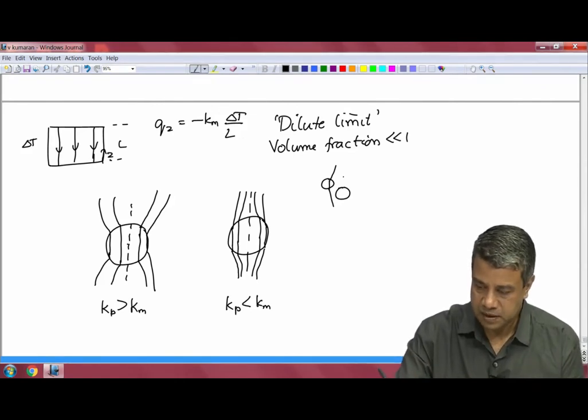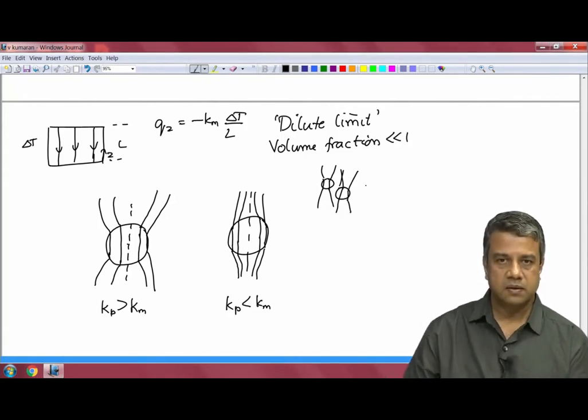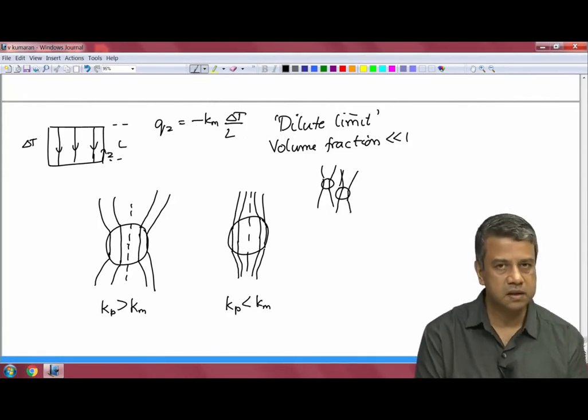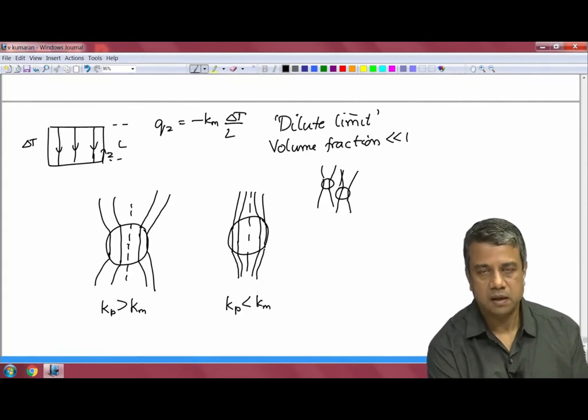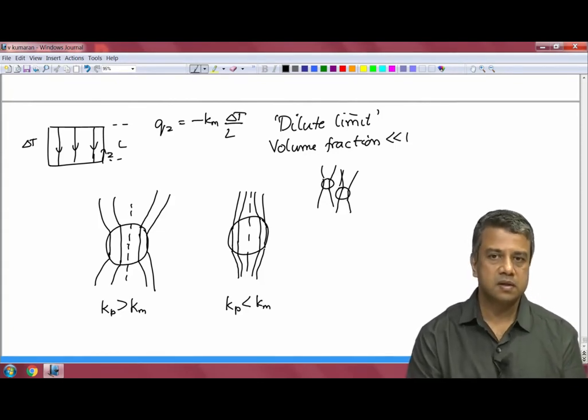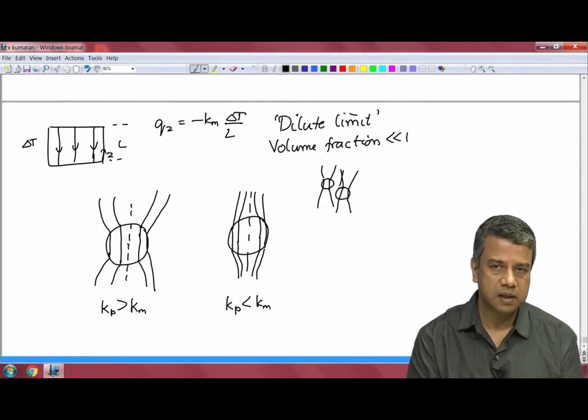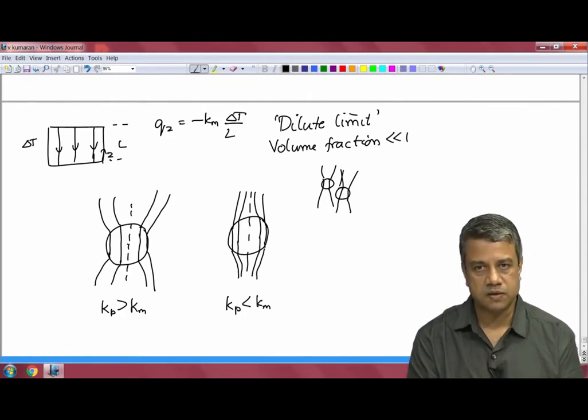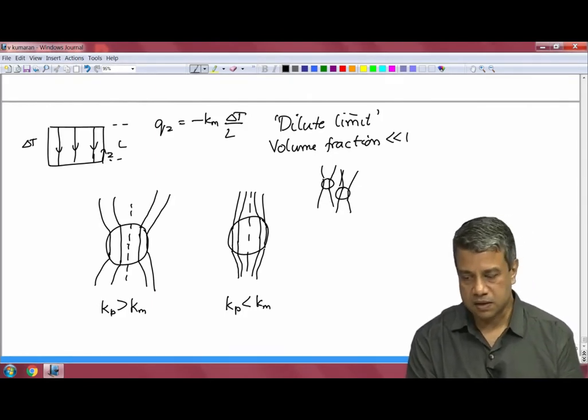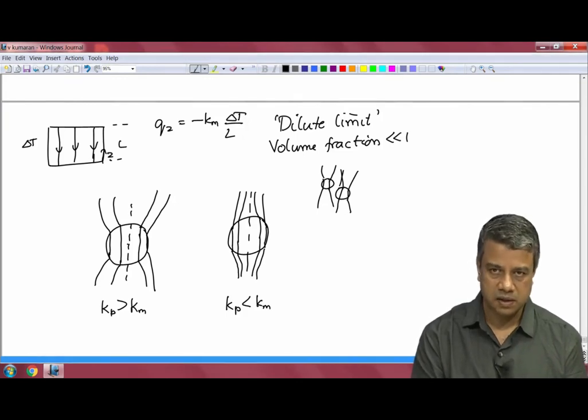Because of that, you will have interactions between the fluxes in each particle. Here we do not consider that. We consider the dilute limit where the volume fraction is small, so that the disturbance to the temperature field around one particle does not affect the temperature field around another particle.